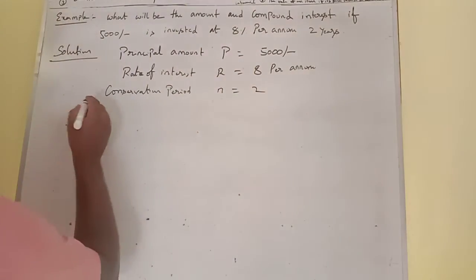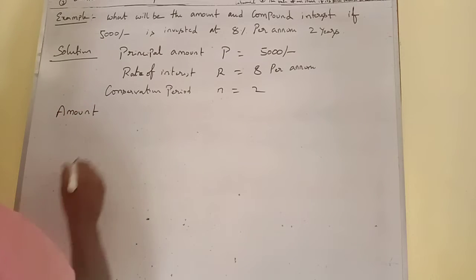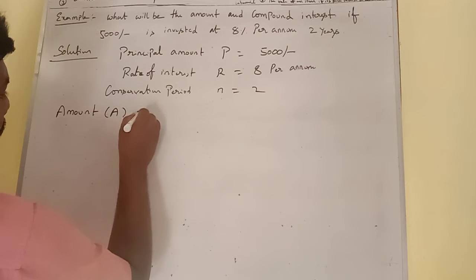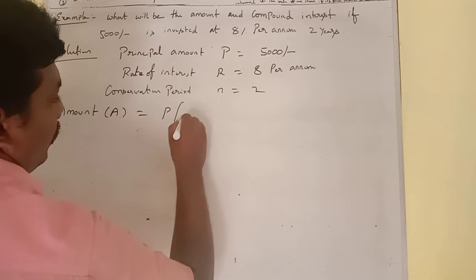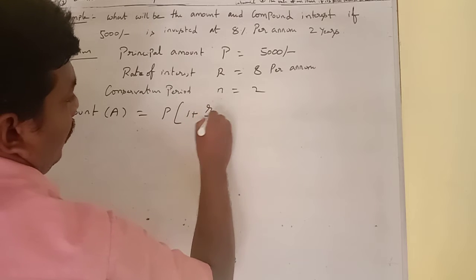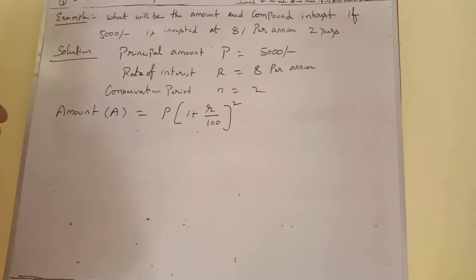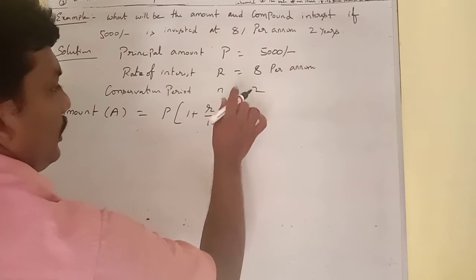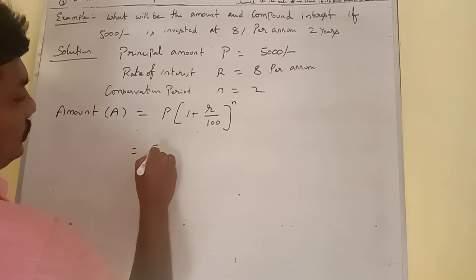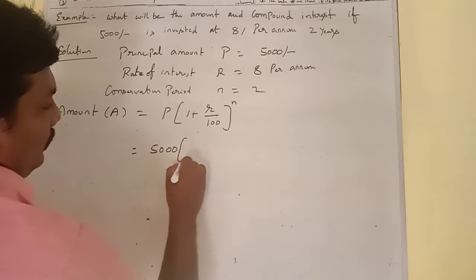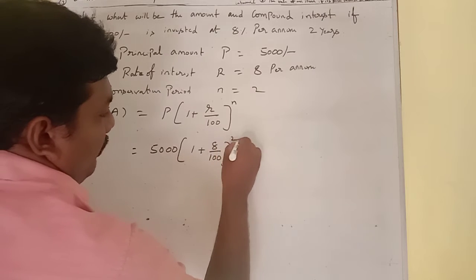Then what is the formula? The amount formula. Amount A, for 2 years, is A equals P into 1 plus R by 100, the whole power n. So this is the formula. Here P is 5,000, into 1 plus 8 by 100, whole square.